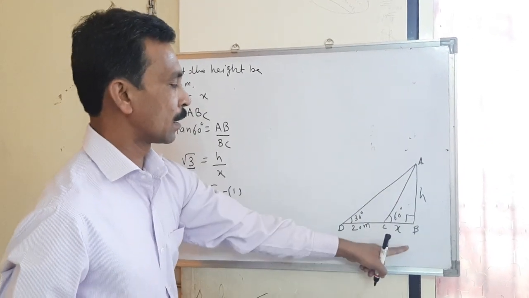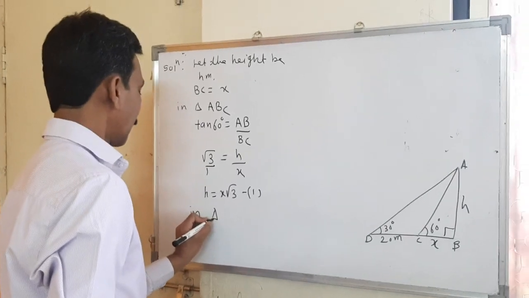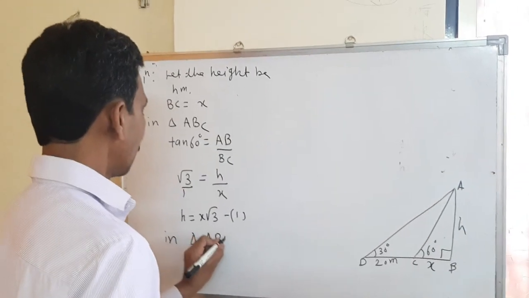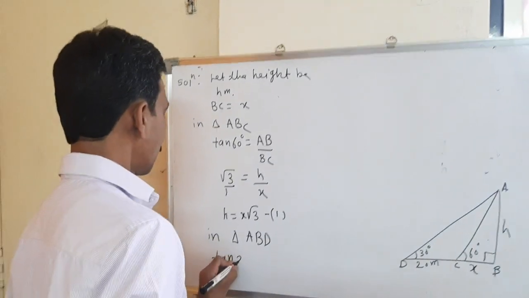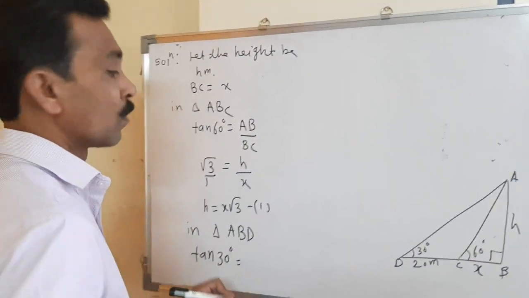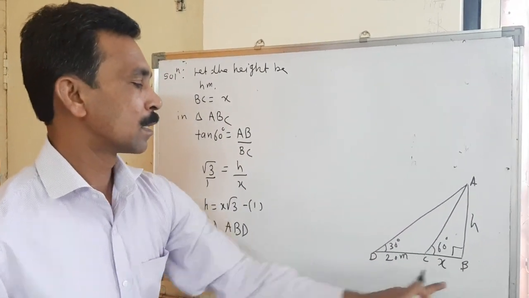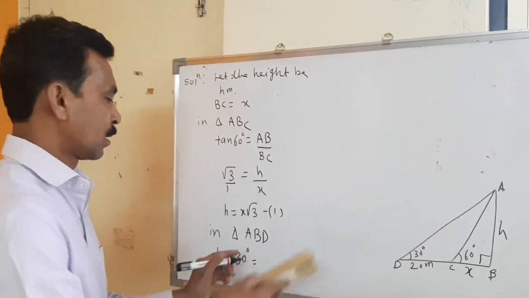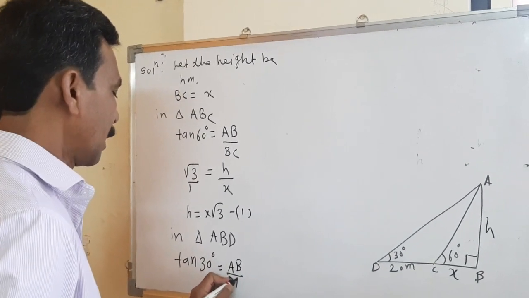Take the big triangle. What is the name of the big triangle? ABD. In triangle ABD, this is tan 30. Why tan? AB is opposite side and adjacent is DB, right? So it will be AB upon DB.